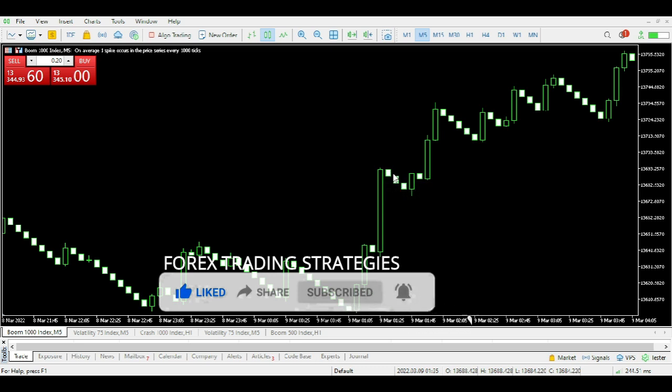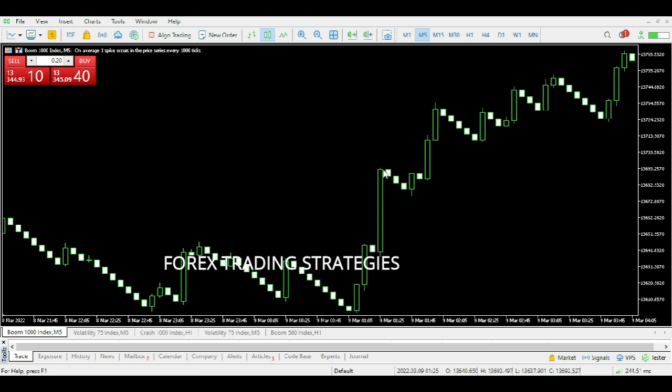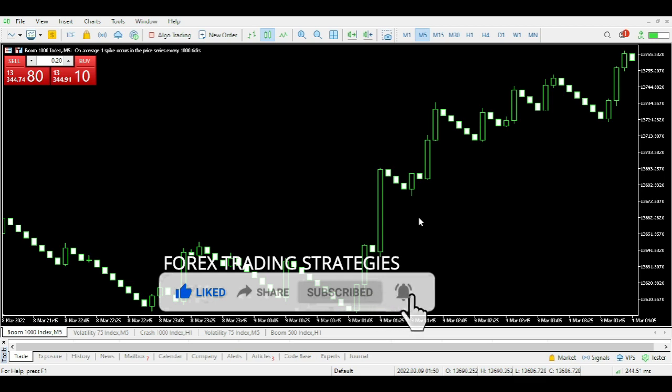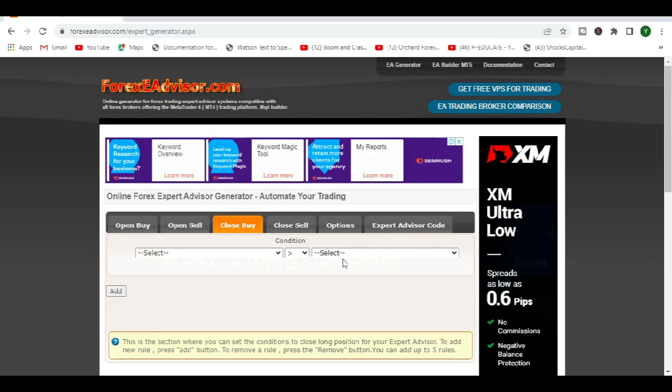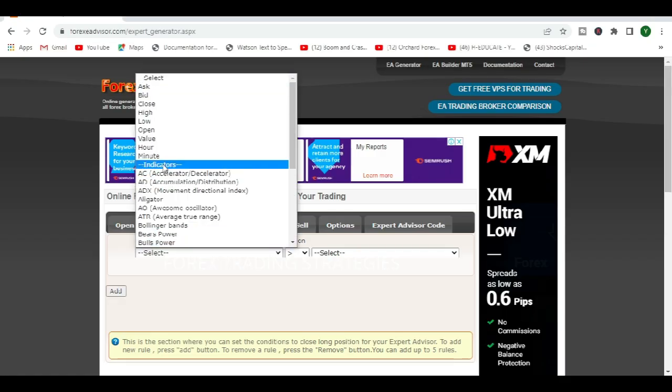It doesn't work all the time, because sometimes it does that. For example, here it means that we had a candle that opened this way and went that way. That's the difficulty of trading Boom and Crash. But still, either you close your trades manually or you do it this way.